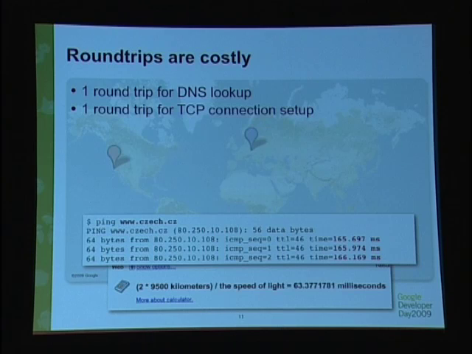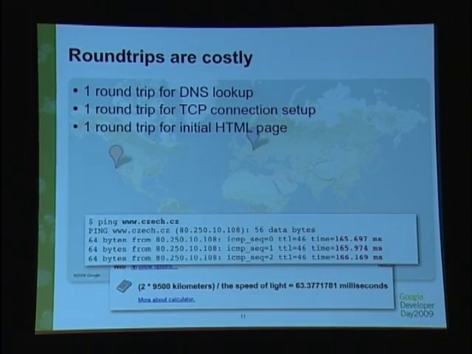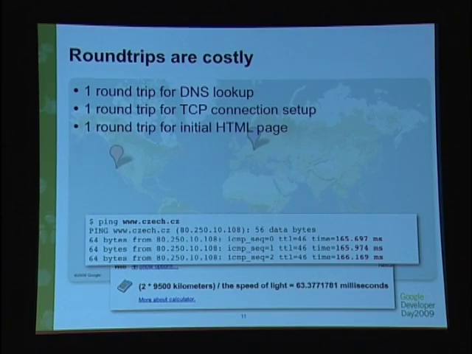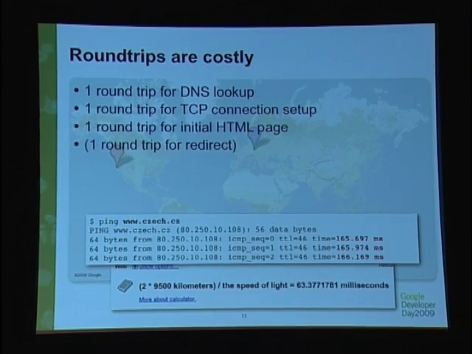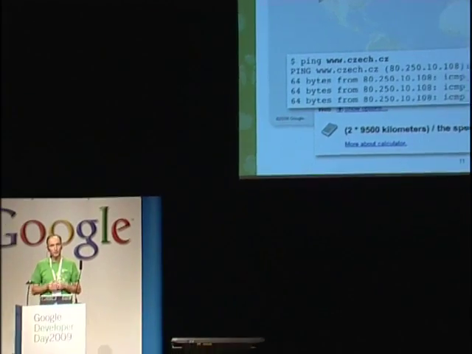After the TCP connection is set up, the browser can set up an HTTP connection, so make a request. So then it sends a packet to the server and says, I'd like to get this web page, and that page comes back. Now, if the web page has a redirect on it, because I didn't add a slash at the end or because I'm going to index.html, that's another round trip to the server and back.